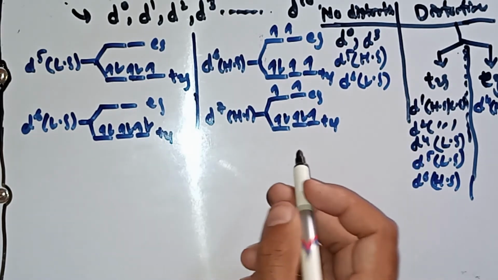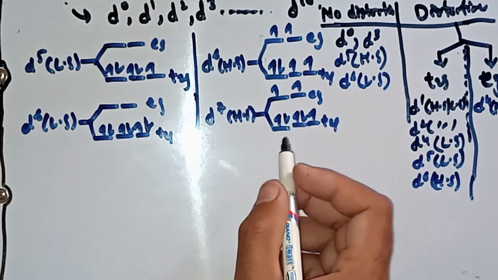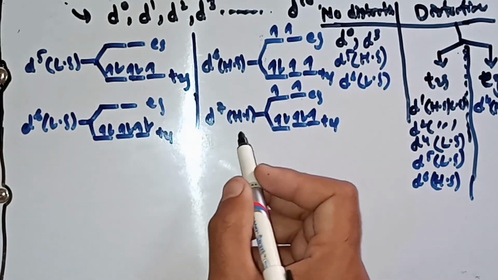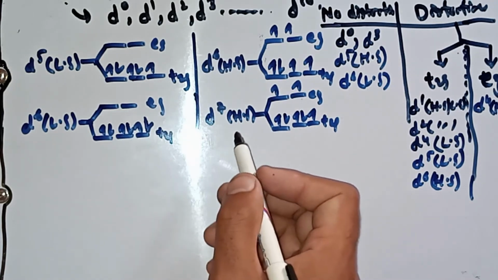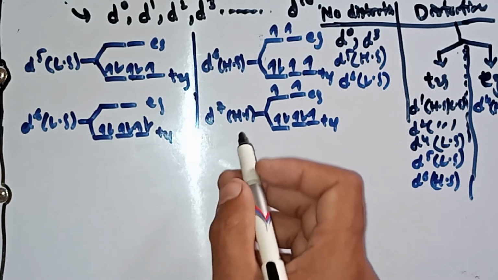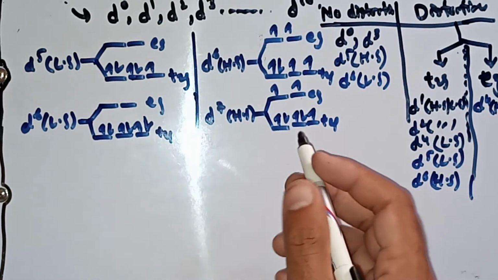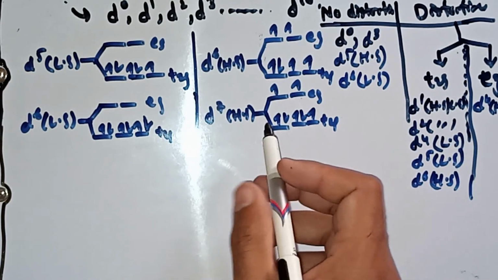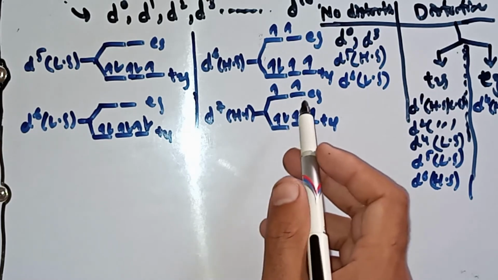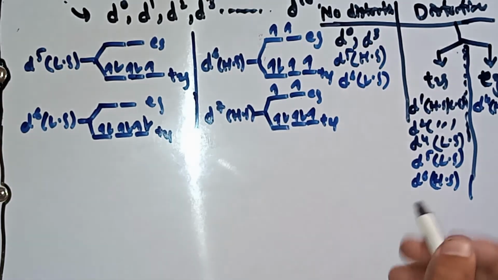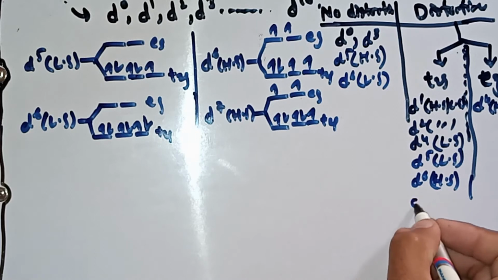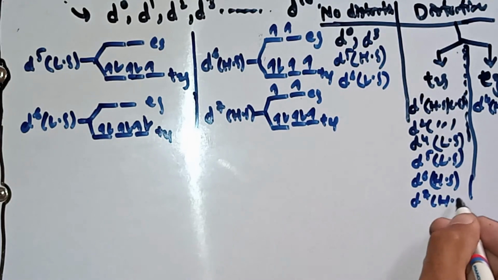So it will be according to Hund's rule, because weak ligands are used here. Due to the high spin complex, T2g is asymmetrically paired while Eg is symmetrical, so T2g will be distorted. So in D7 system, when they are high spin complex, T2g distortion will occur.